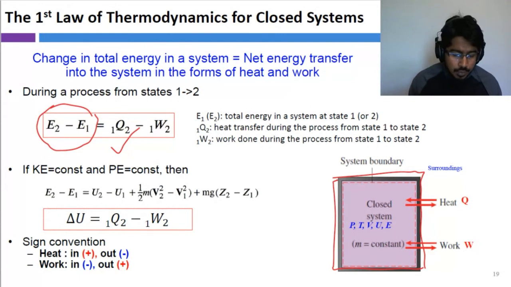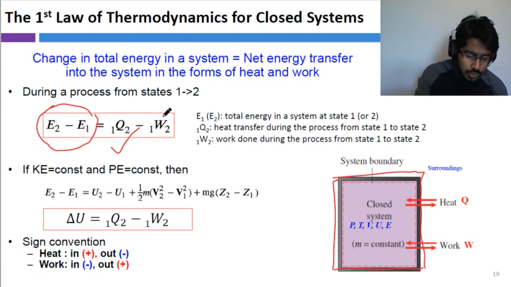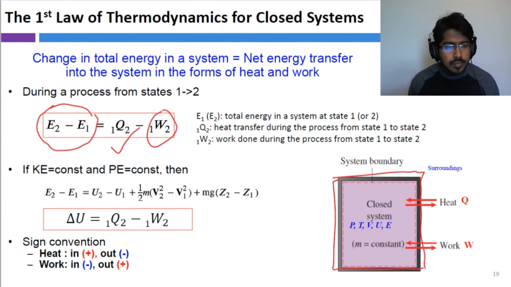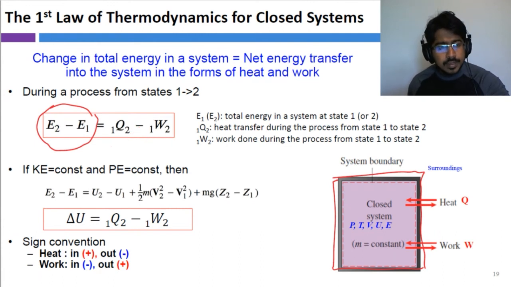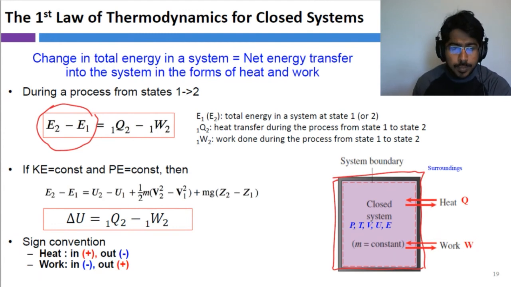And then we need to subtract the amount of energy that was transferred by doing work, right? Again, if the work is done by the system, it is positive work. If work is done on the system, it is negative work.